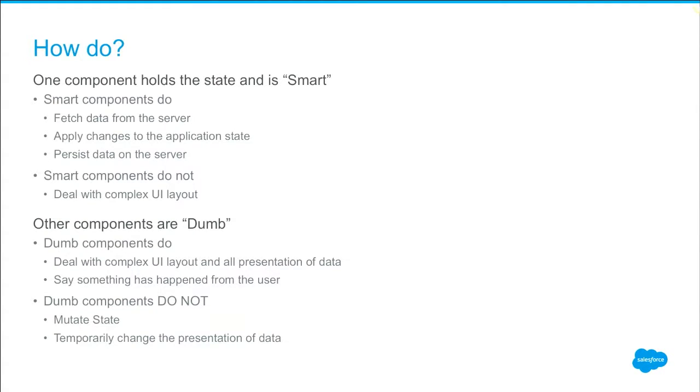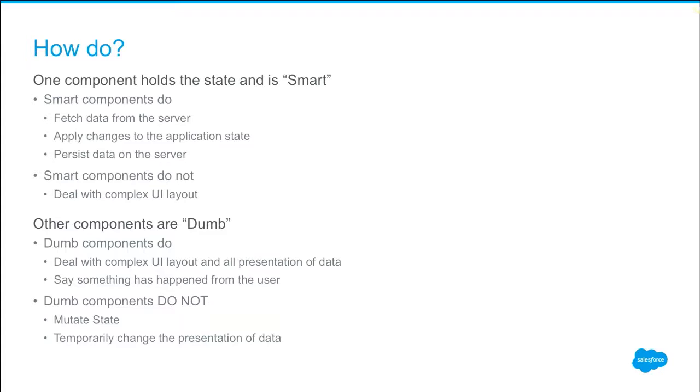So essentially, every app or component has a very top-level smart component. What that smart component does is it goes out and looks for data from the server, it updates data on the server, and it applies pretty much any change to the application state to that one big state ball at the very top. What smart components don't do is complex UI layout.